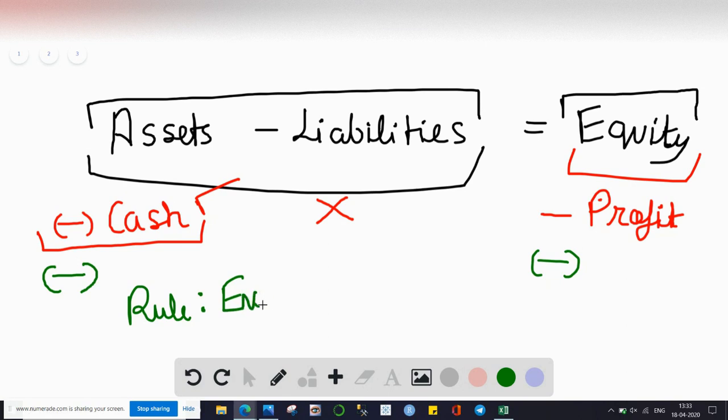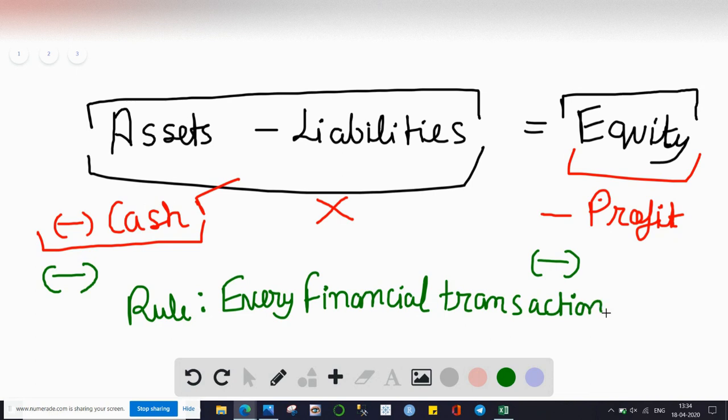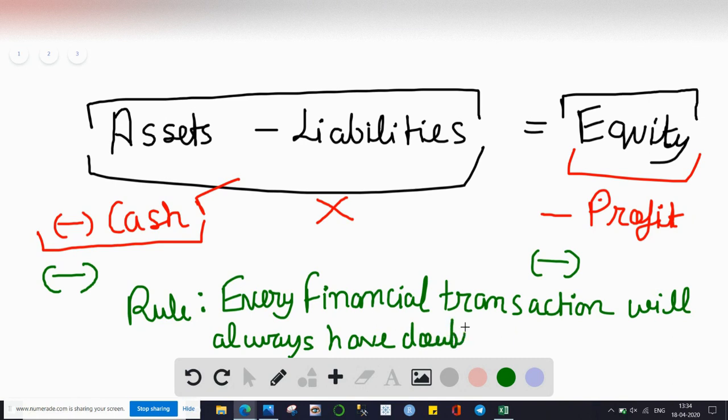Every financial transaction will always have a double effect on the accounting equation.